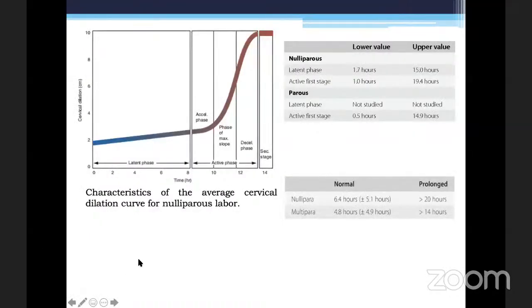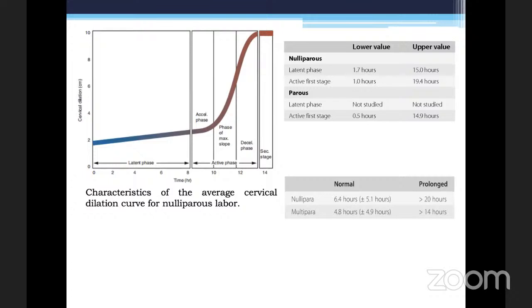So this graph shows the characteristics of the average cervical dilation curve for nulliparous labor. So for nulliparous, during the latent phase, the lower value is around 1 to 1.7 hours. The upper value is around 15 hours. The active first stage is around 1 hour, and the upper value would be around 19.4 hours. And in parous women, the latent phase is not yet studied.